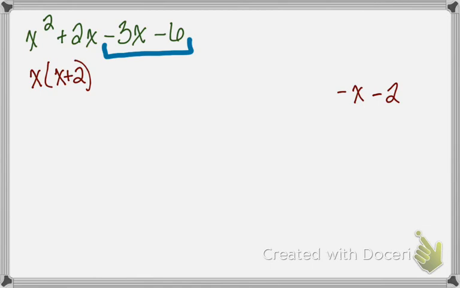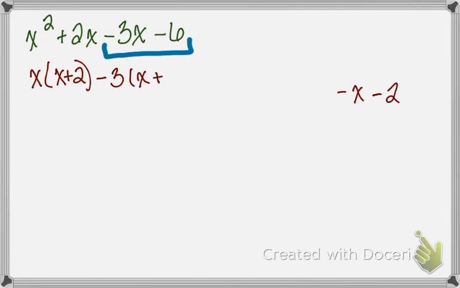So this is where trial and error comes into play. What I have to take out of this is a negative 3. Okay, if you missed that and you didn't see the negative 3, that's okay. Students sometimes miss that the first time around. Negative 3 times positive x gives me negative 3x.